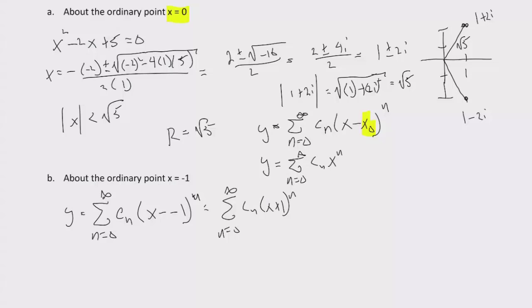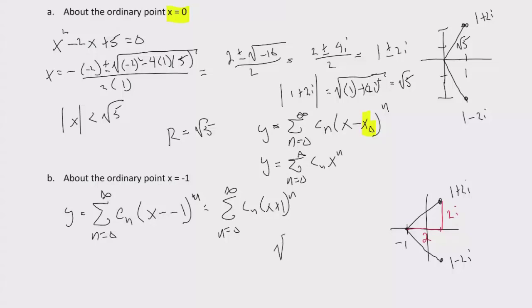Okay. And as far as our radius, our distance, so let's go back to, instead of being at 0, now we're at negative 1. And we still have this at 1 plus 2i and 1 minus 2i. All right, but I want to figure out this distance here. Again, it's uniform for both those vectors, so it's not too bad. So I'm going to do a little Pythagorean theorem action here. So that's 2 units over and 2i up versus 2i down.